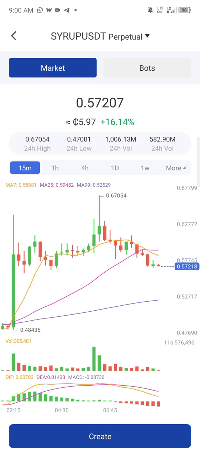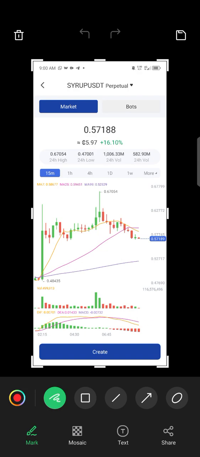You can see that on this chart, they are giving us so much information that we need to pay attention to. The time frame is always here, so always make sure that you check the time frame that you want to do your analysis on. We'll be using the 15 minutes, the 1 hour, the 4 hour, and the 1 day to do analysis. That is one of the things I want you to pay attention to.